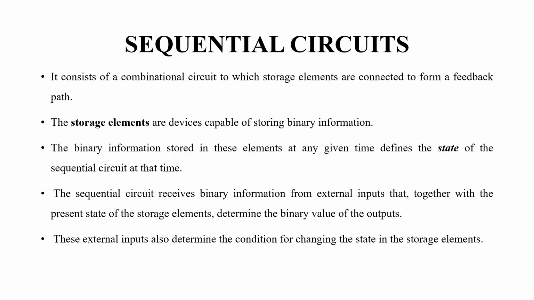This is the detail about the sequential circuit. A sequential circuit consists of feedback and storage elements. The storage element is used to store binary information, considered as stored binary 0s and 1s. The external inputs also determine the conditions for changing the state in the storage elements.